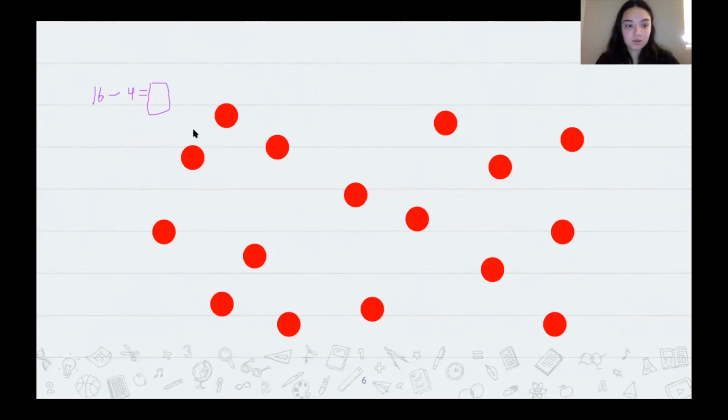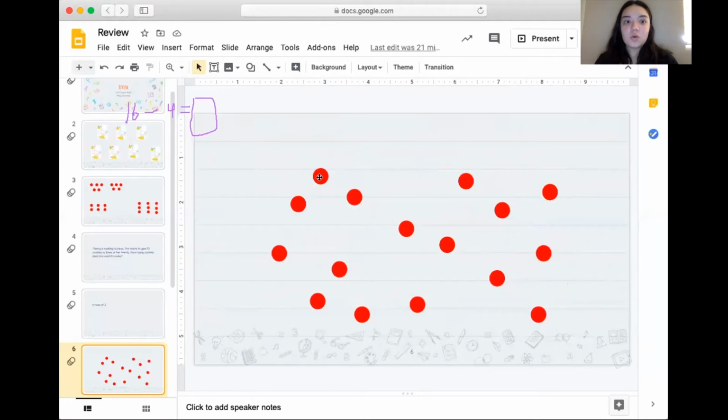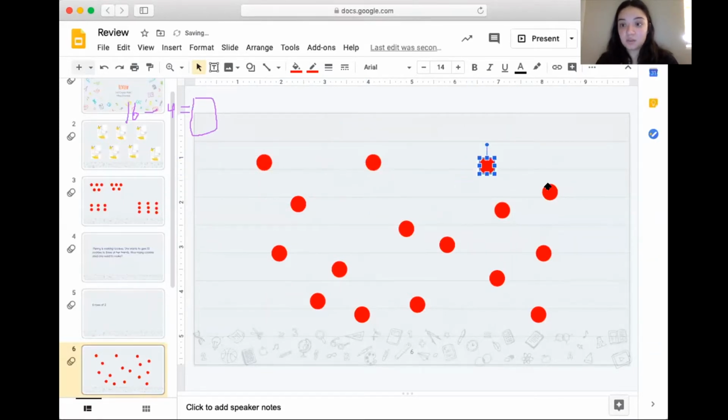I'm going to just go like this so I can move around. So basically what we're going to do is we're going to move the circles into 4 groups until we are at 16. So here, this is the fair share method, remember. So here are my 4 groups up here, and I'm just going to keep adding. So I have 4.